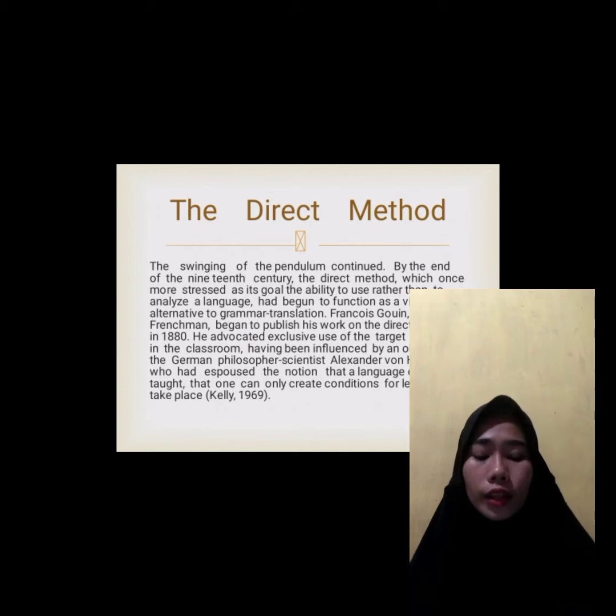He advocated exclusive use of the target language in the classroom, having been influenced by an older friend, the German philosopher scientist Alexander von Humboldt, who had espoused the notion that a language cannot be taught, that one can only create conditions for learning to take place. Kelly, 1969.